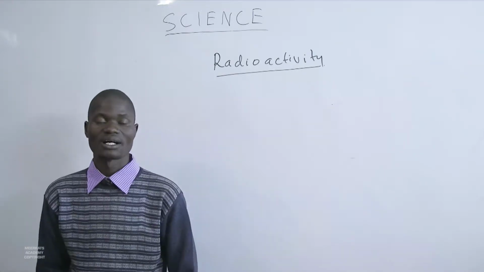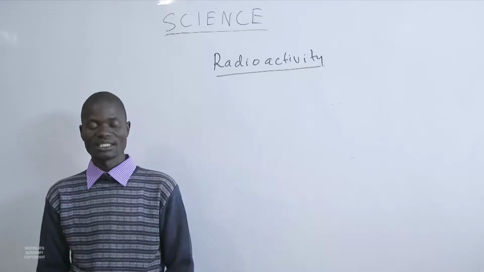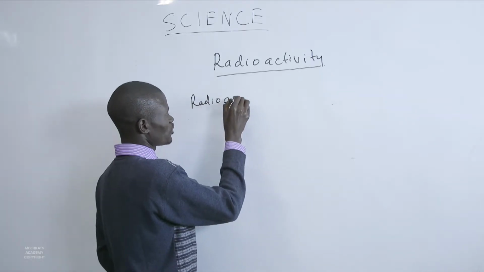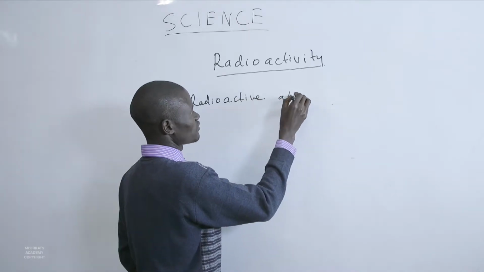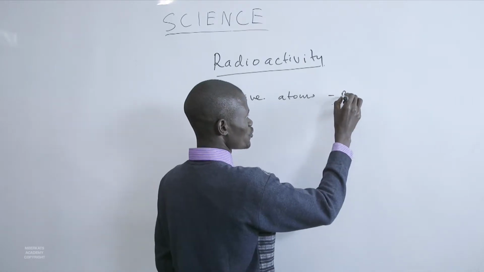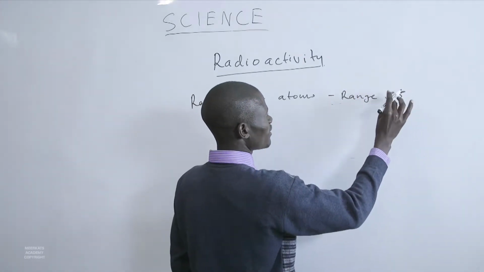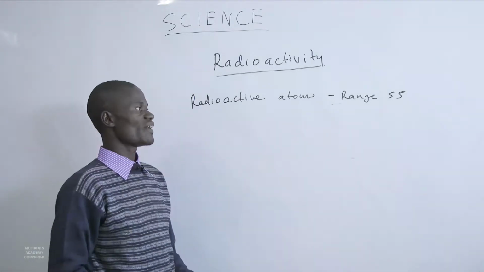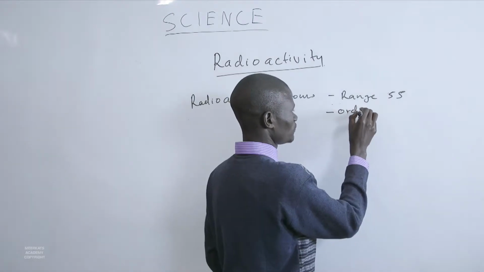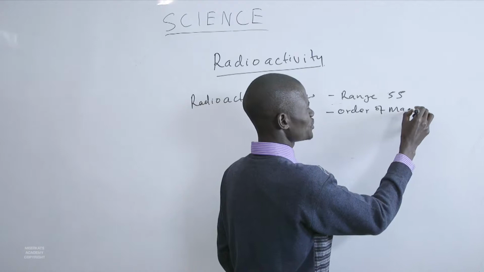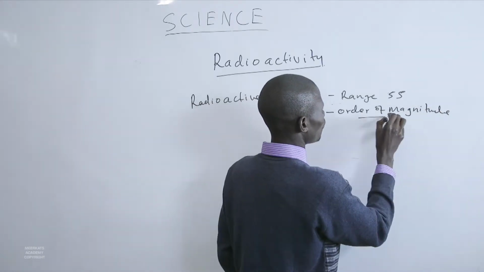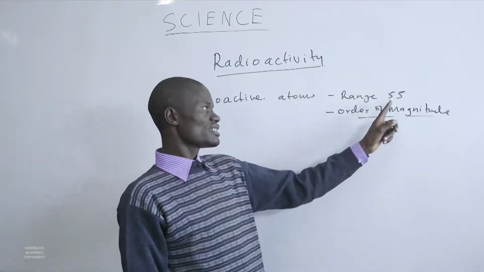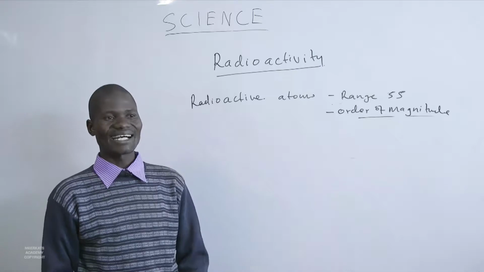Any radioactive atom has a range with an upper limit of over 55 orders of magnitude, and this magnitude is very high.